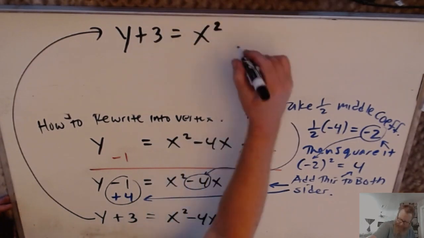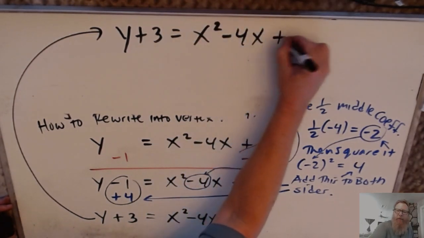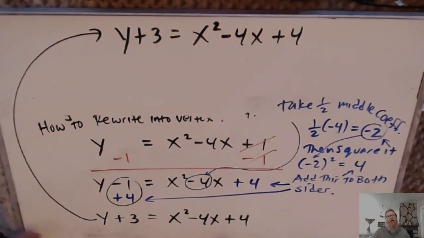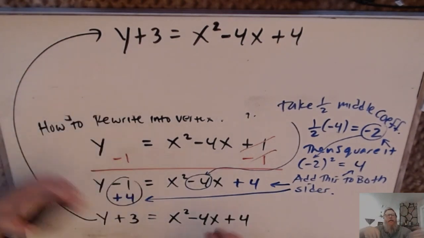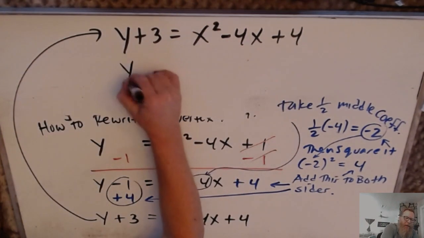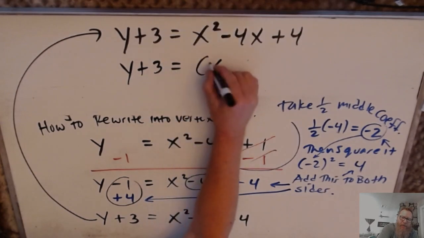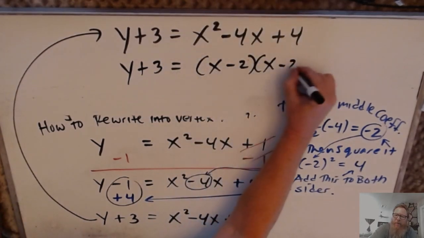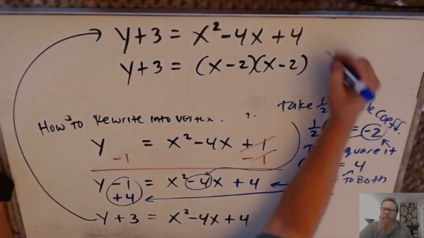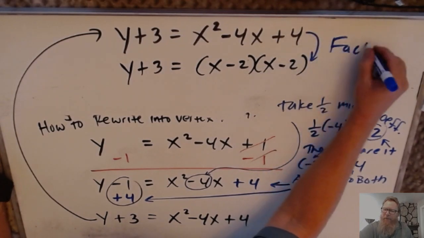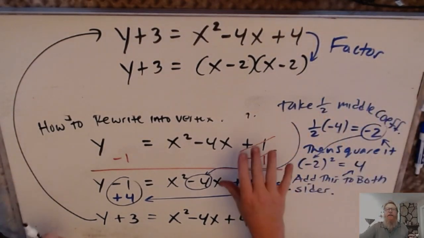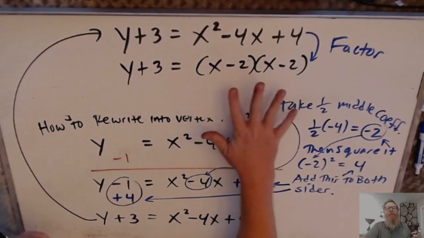Just rewriting it because we're now moving back up to here. So now we're going to keep working. Now we're going to factor the right-hand side. All right, factor. It should be perfect.